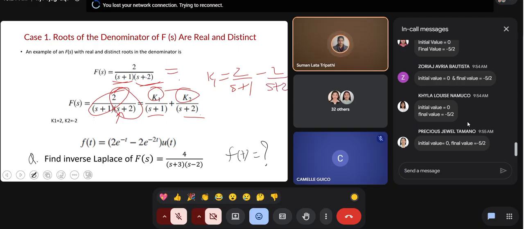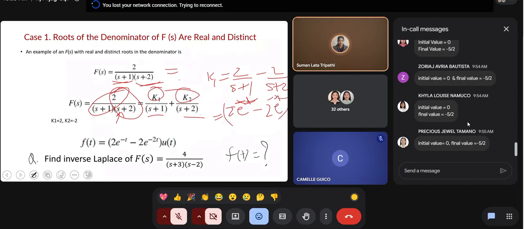And now this is a frequency shifted function. This is e to the power minus t, so you will get 2 into e to the power minus t, and minus 2 into e to the power minus 2t.